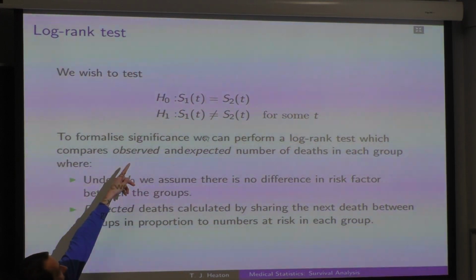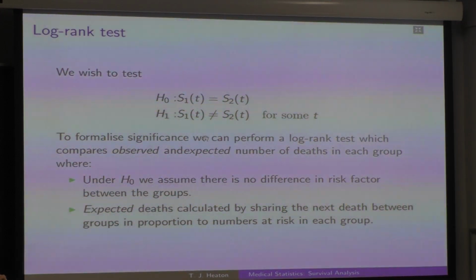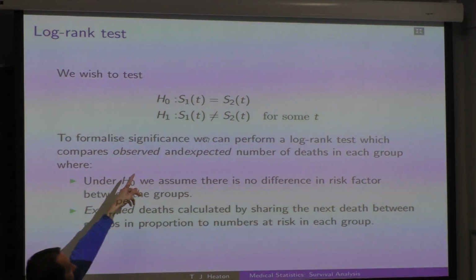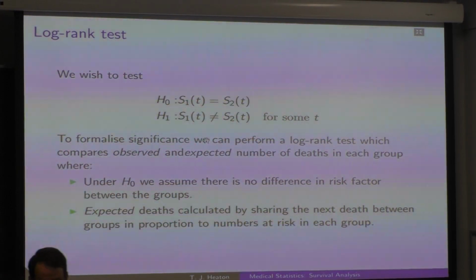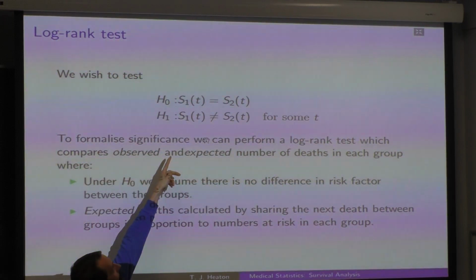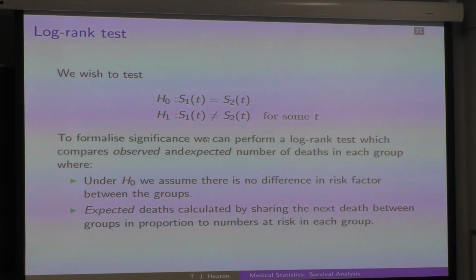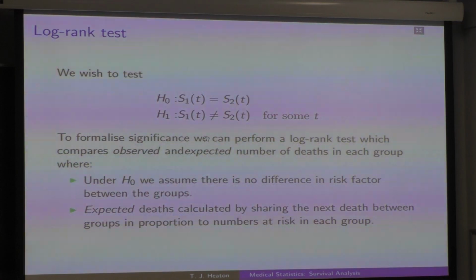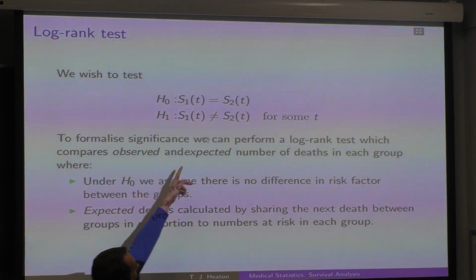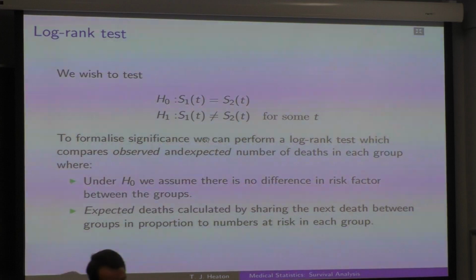So null and alternative are quite easy to write down. My null hypothesis is that there's no difference between the two groups, so they're both modeled by the same underlying random variable. So the survivor function of group 1 is equal to the survivor function of group 2. That's my null hypothesis, and we're going to stick to that unless we have some evidence against it. My alternative hypothesis is that the distributions of group 1 and group 2 are different.